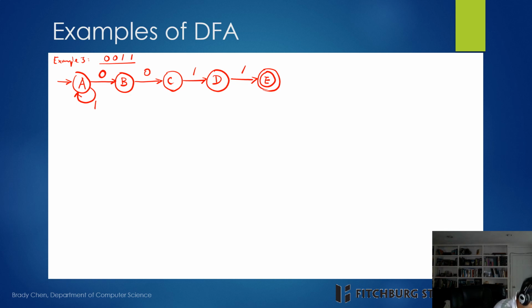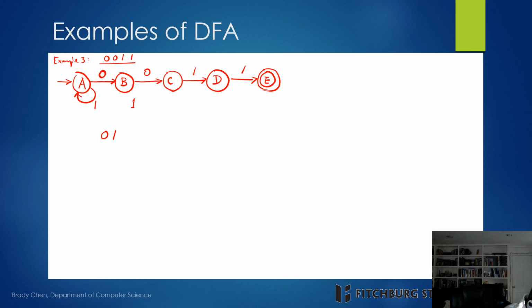So once we get a 0, now we reach B, and then if the next character is 1, that means we started with A, then we had input value 0, and then at B we got a 1. Now, that's not something we want.